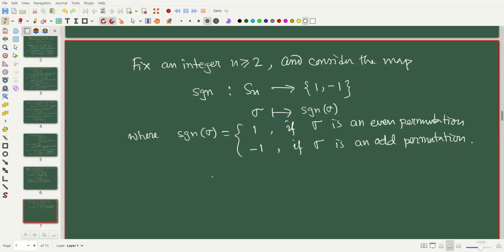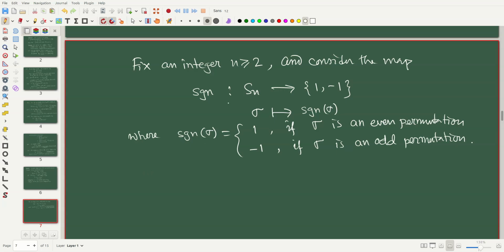So now since any sigma is either a product of an even number of transpositions or a product of an odd number of transpositions, it is well defined. This means it can never be written as a product of an even number as well as a product of an odd number. So therefore, because of this, a permutation is either even or odd.